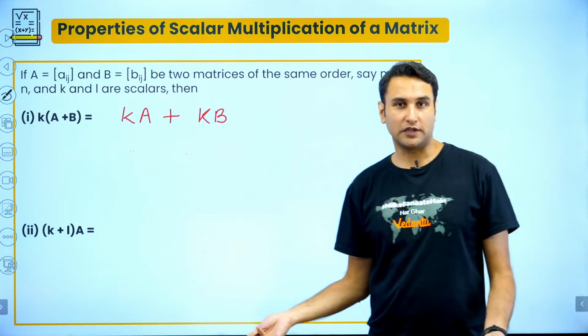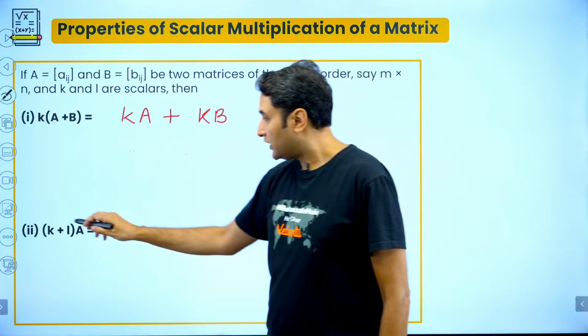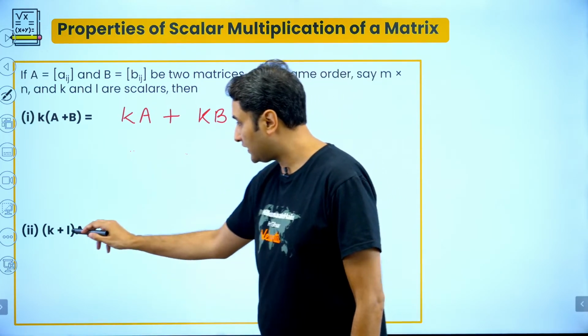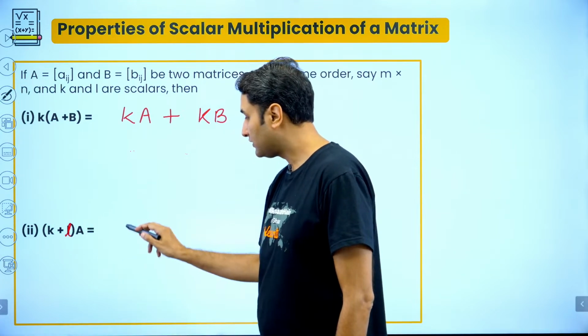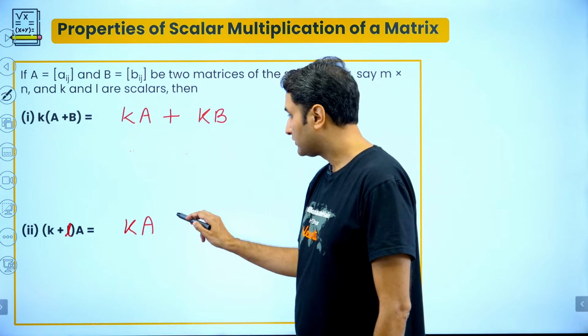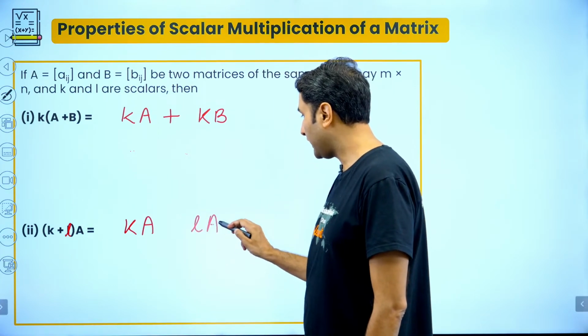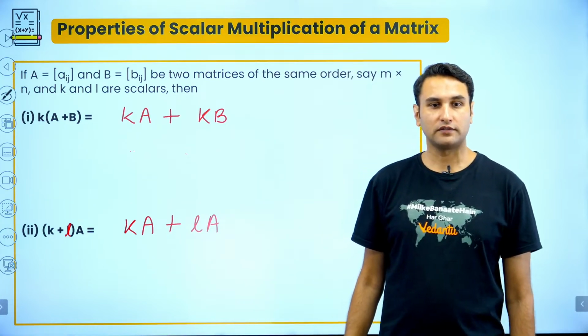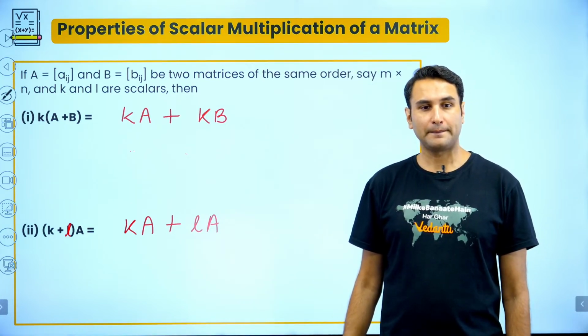Like you do it in algebra, right? Now, k plus l multiplied by A, it is multiply k with A, multiply l with A, add the two, like you do in the bracket open, right? Clear?